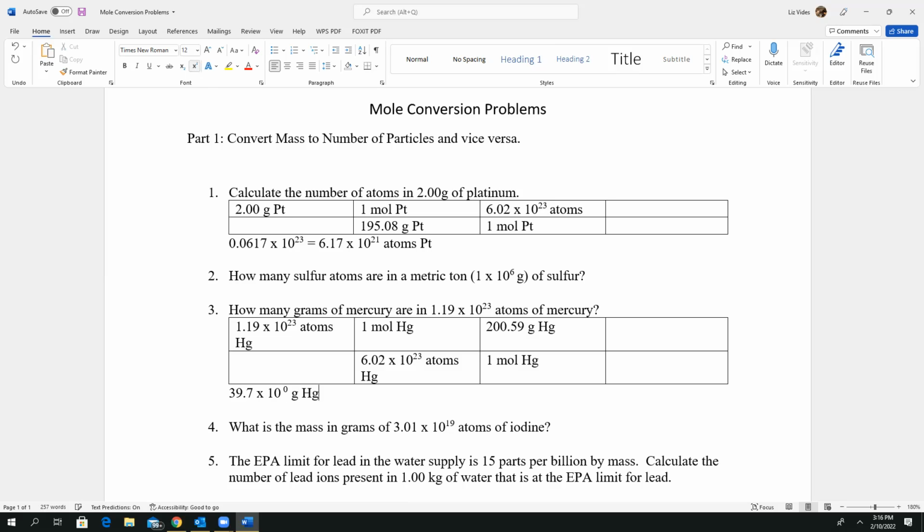All right, so obviously this is weird looking at it like that. So you can just say 39.7 grams, and that would be good enough. Or if they wanted it in scientific notation, it would be 3.97 times 10 to the 1. But we can just give the 39.7 grams of mercury.